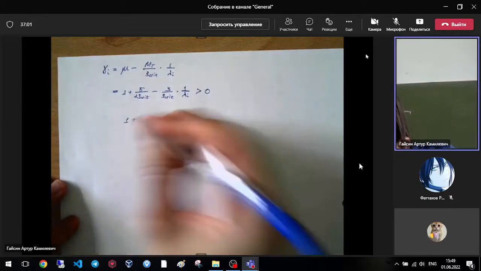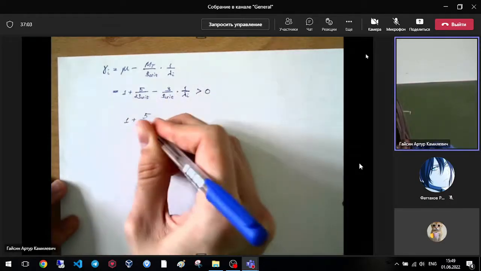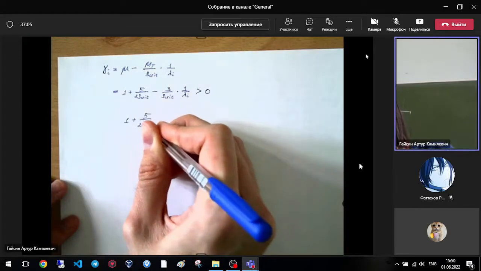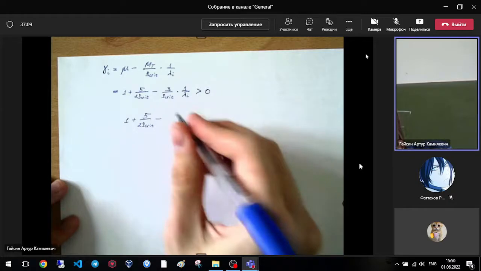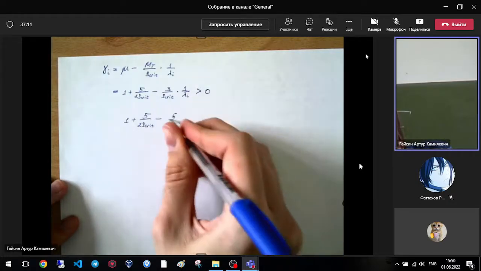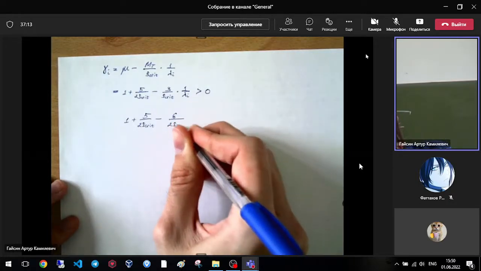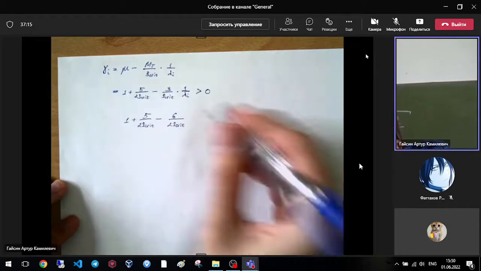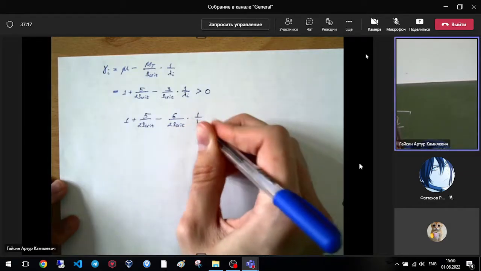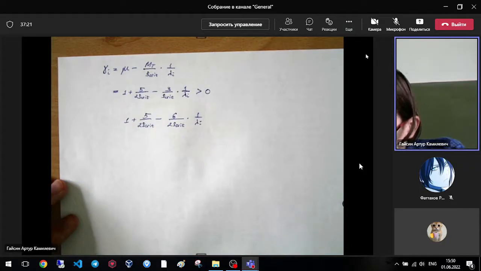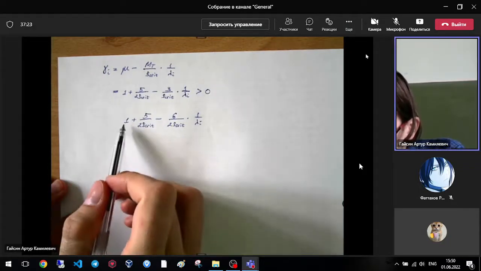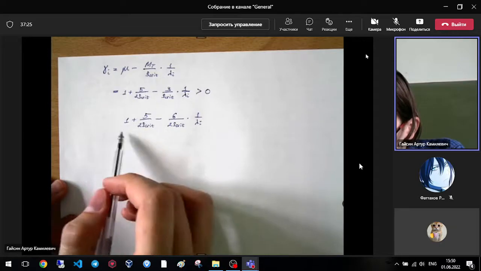Maybe we can write it as 5 divided by 2 rho critical minus, let's here write 6 divided by 2 rho critical, times 1 divided by lambda I. Then this one, we can also write 2 rho critical divided by 2 rho critical.